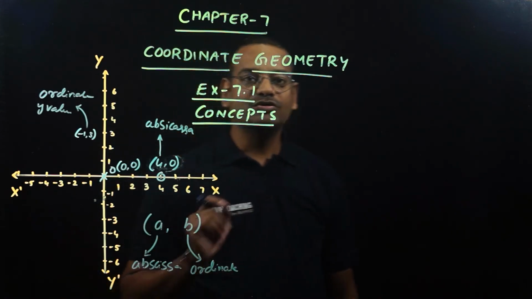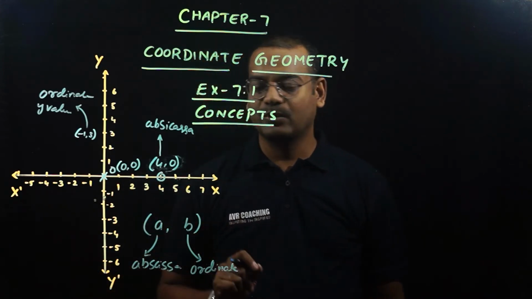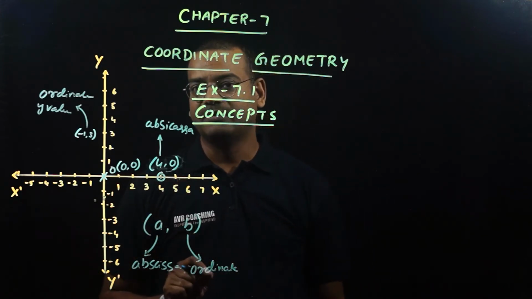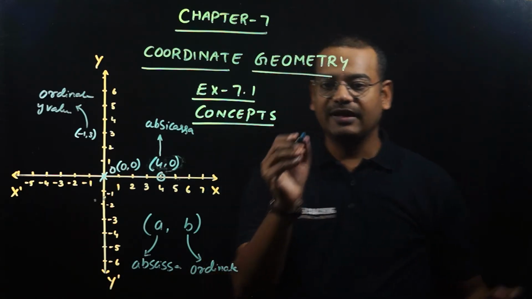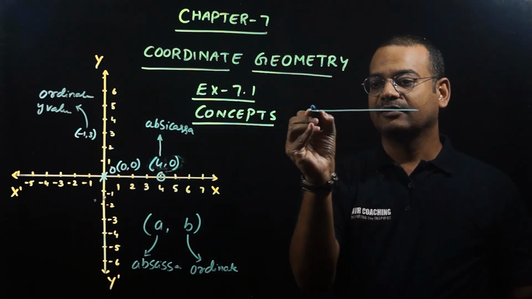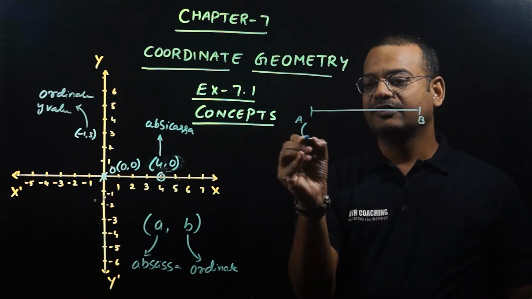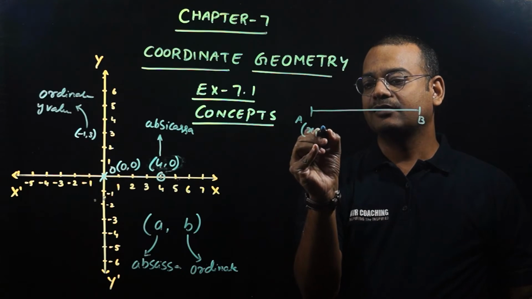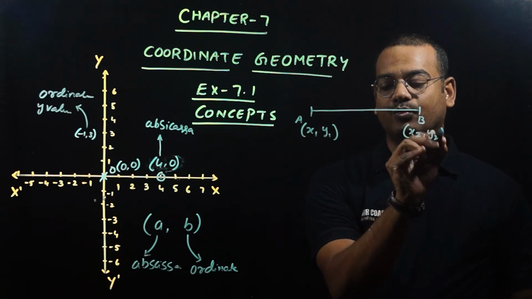Now the most important formula for solving exercise 7.1 is the distance formula. To find a distance you need 2 points. If you take a line with points A and B, A is x1, y1 and B is x2, y2.